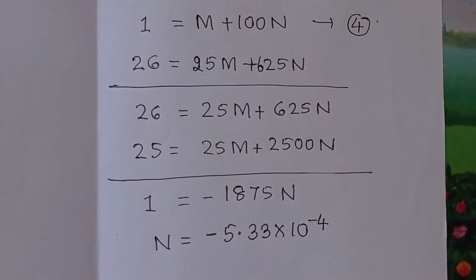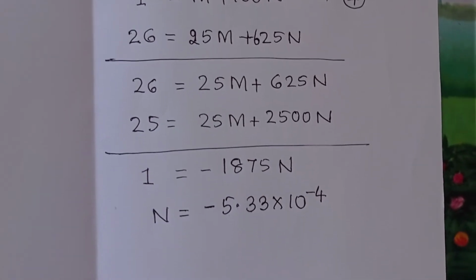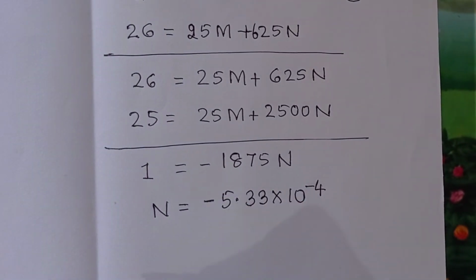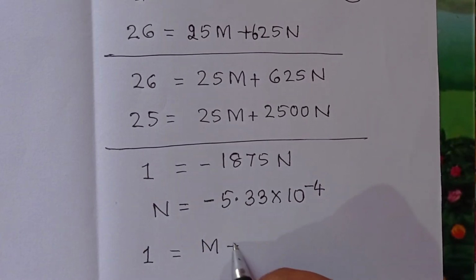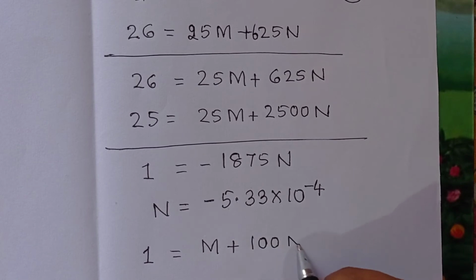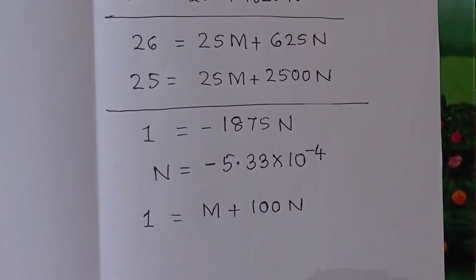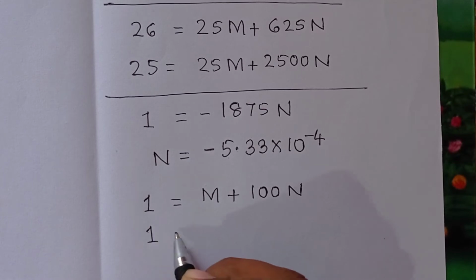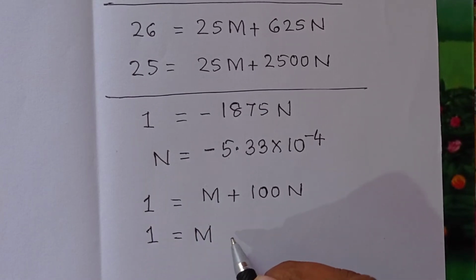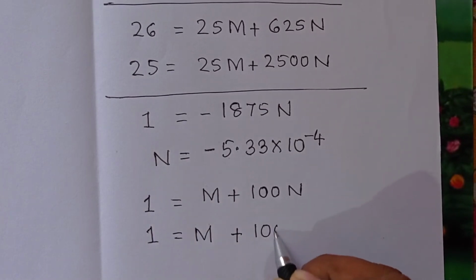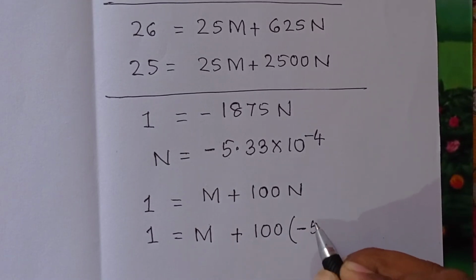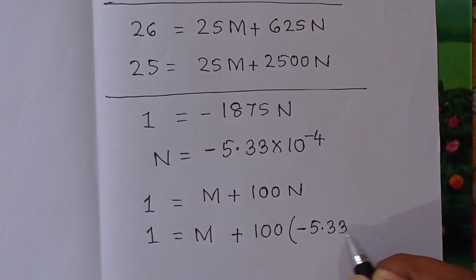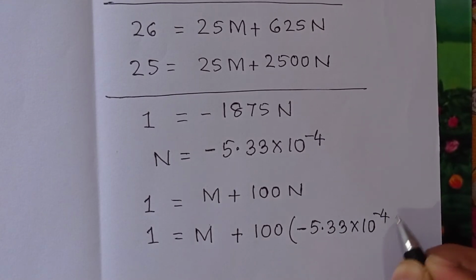Then once I get the value of n, let me take the above equation, that is equation 4. From equation 4 I can write 1 will be equal to m plus 100 n. In this equation I will substitute the value of n. That is 1 will be equal to m plus 100 into bracket minus 5.33 into 10 to the power minus 4.